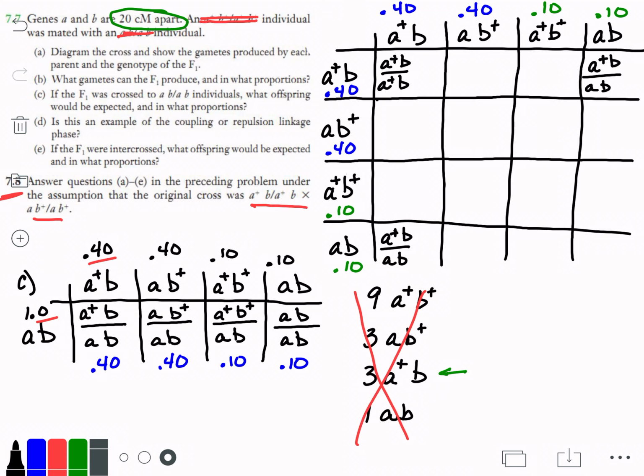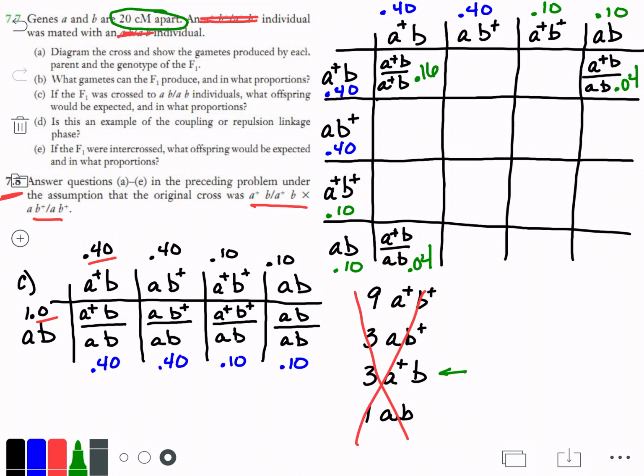To get the percentage for each one, I'm going to go ahead and multiply the percentage from the top times the percentage for the side. So 0.4 times 0.4 is 0.16. 0.4 times 0.1 is 0.04, and 0.4 times 0.01 is 0.04.